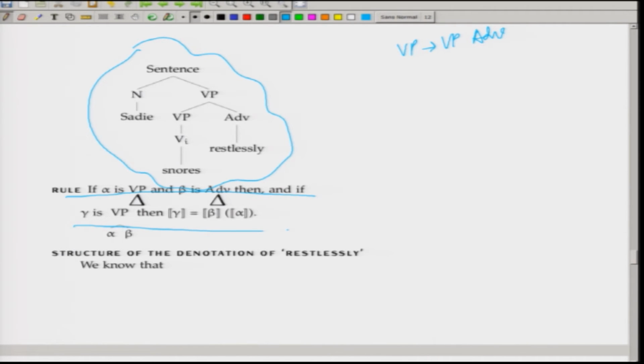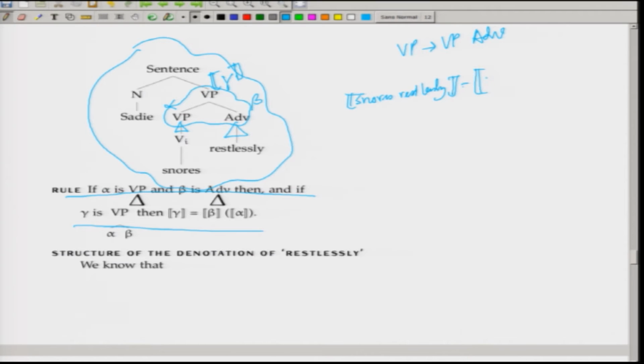The semantic rule corresponding to VP goes to VP ADV will be here. That is, if alpha is a VP goes to something, and if beta is ADV goes to something, then if gamma is VP goes to alpha beta, so this is gamma, this is alpha, and this is beta, then the reference of gamma, remember it is the entire branch, all this fork, which is basically snores restlessly, will be the reference of beta.